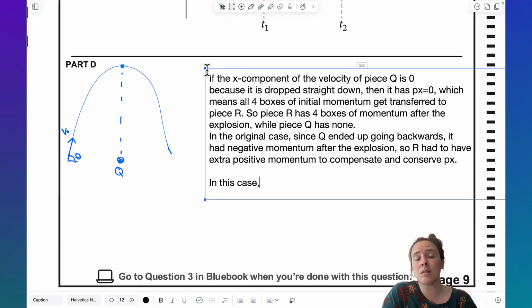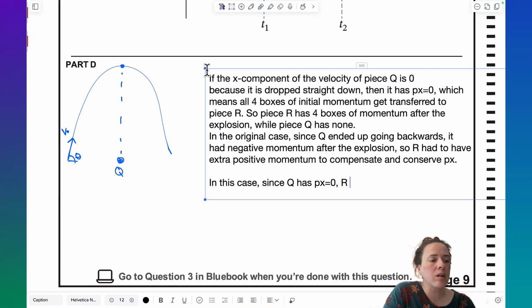So in this case, since Q has 0, I know R has less px than in the first case.